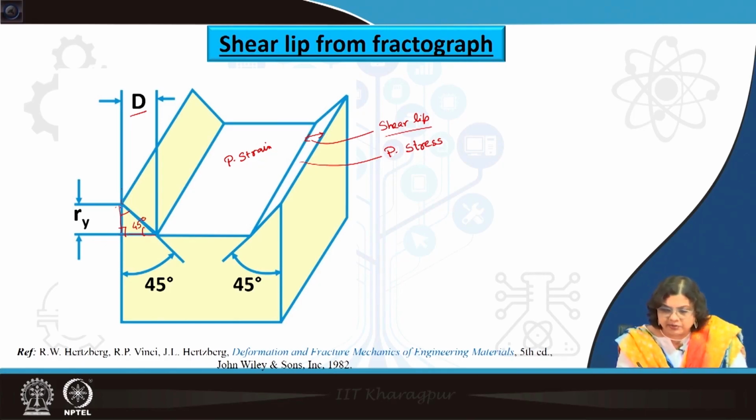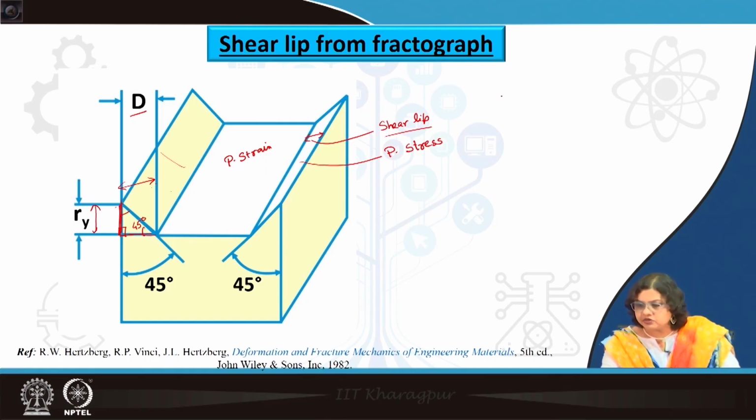So, this shear lip depth that we are measuring here is equivalent to this one, and this is nothing but the plastic zone size under plane stress condition, because we know that this shear lip develops because of the plane stress condition. So, this shear lip width or depth that we determine gives us the plastic zone size.